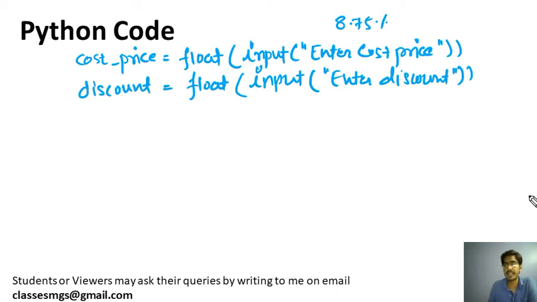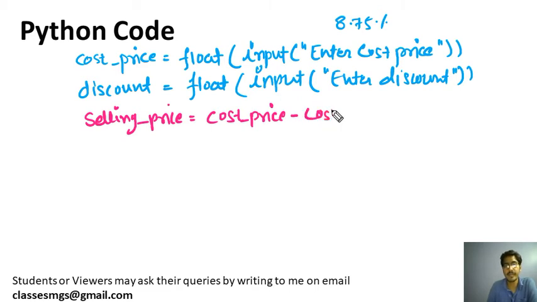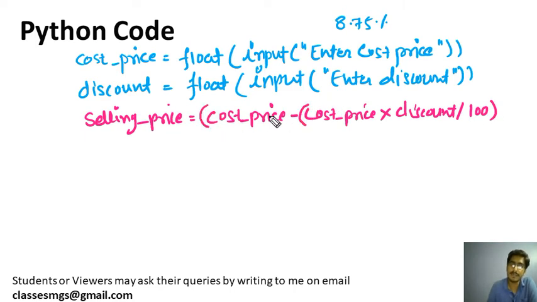Now we will write the formula for getting the selling price. We are creating a new variable, selling_price, equals cost_price minus cost_price into discount divided by 100, like this. You will write the formula.